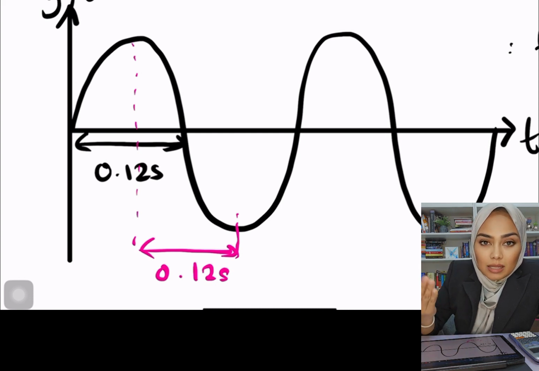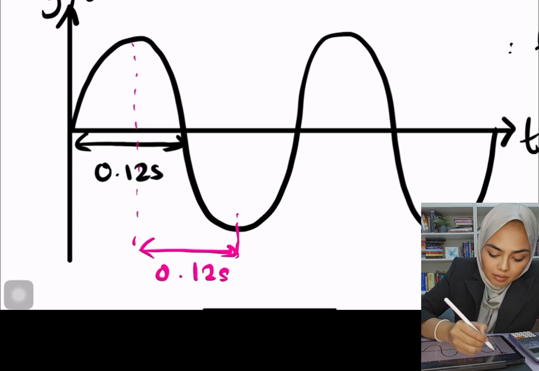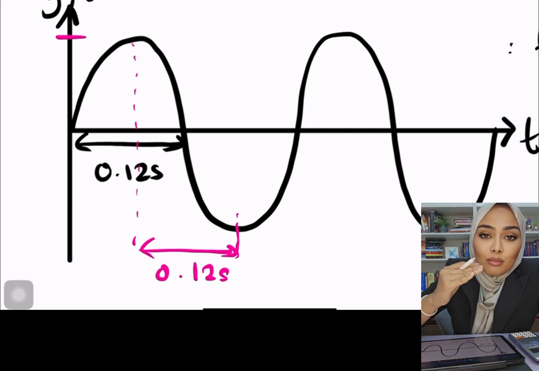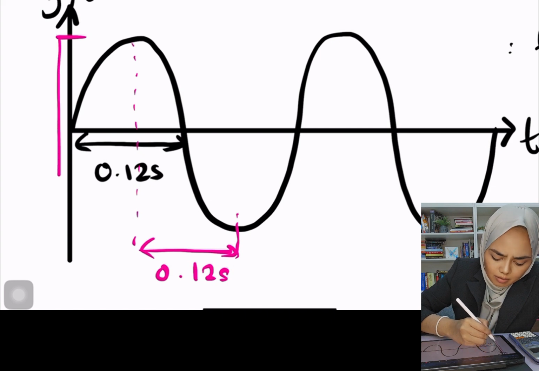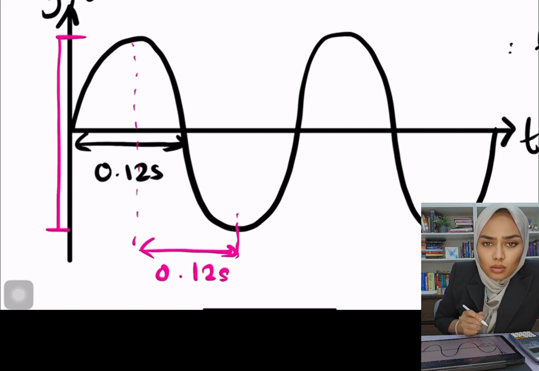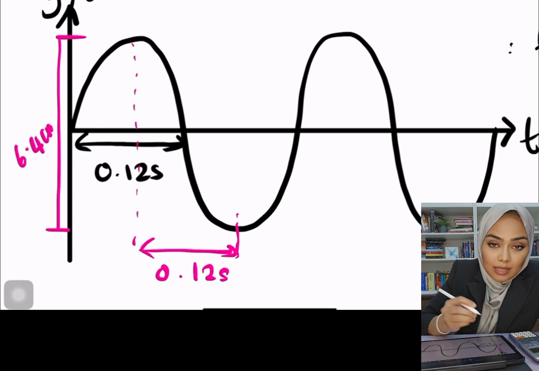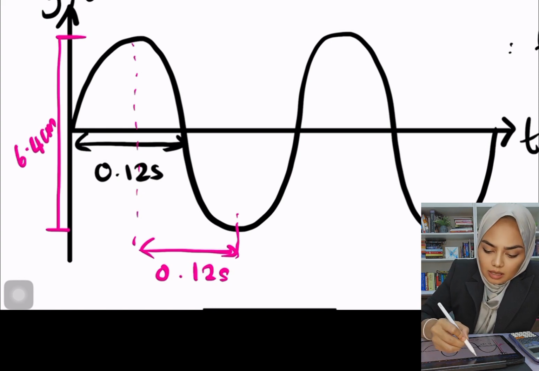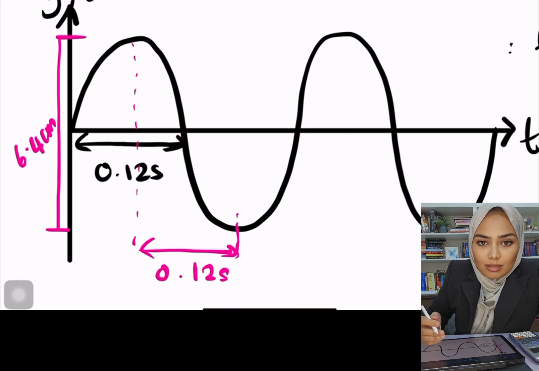And then the displacement tadi yang dibagi kita 6.4 cm tu ialah daripada amplitude tadi kan, from one point to another. So it is from the amplitude to the next amplitude. So this one is 6.4 cm. Sebab kalau kita nak kata daripada equilibrium ke the next equilibrium tu kosong kan.